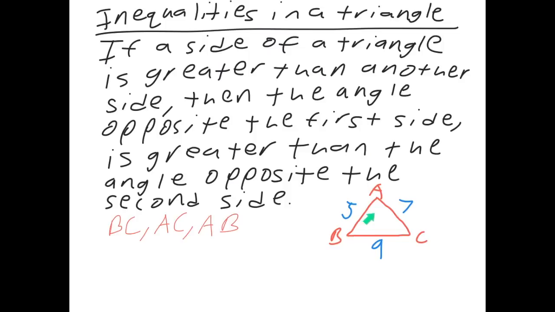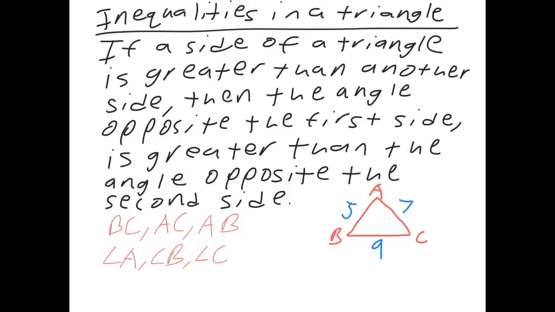So, looking here with these three sides, the longest side is BC, and the angle opposite that side is angle A. So that's going to be our longest angle, our largest angle, angle A. Then we have side AC is the next longest, and opposite that is angle B. And finally, side AB is the smallest. So the angle opposite that is angle C.